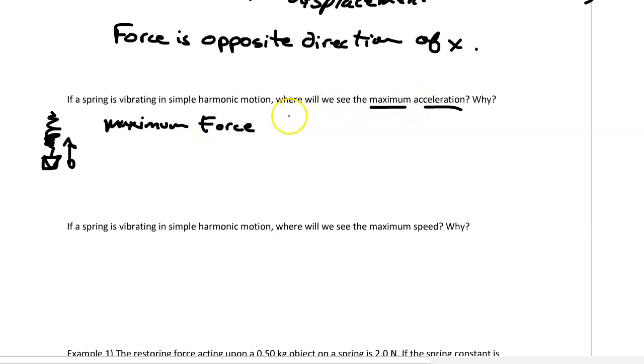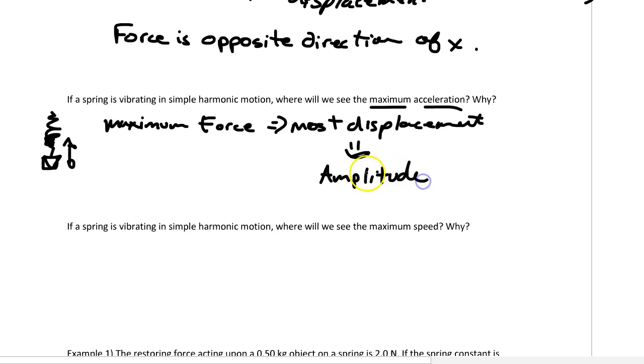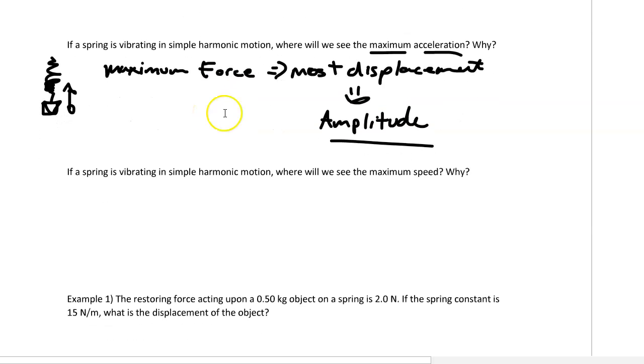Maximum acceleration and force are going to be where we see the most displacement, and that is at the amplitude. So we're going to see the most acceleration at the amplitude because we have the most displacement there, which means the most force. So where would we see the maximum speed?